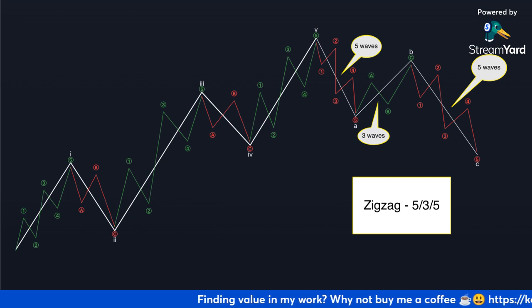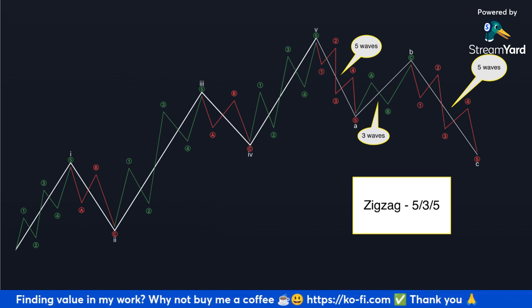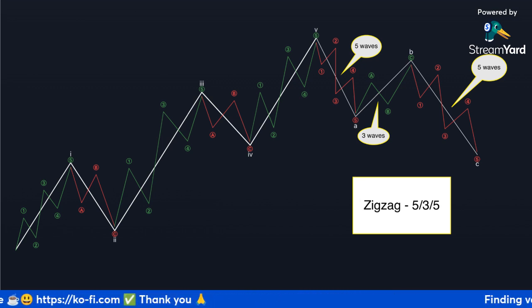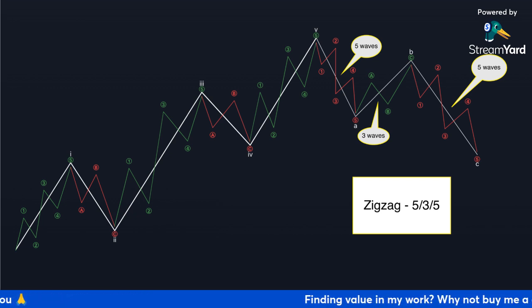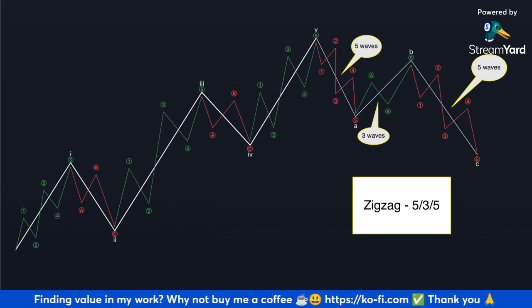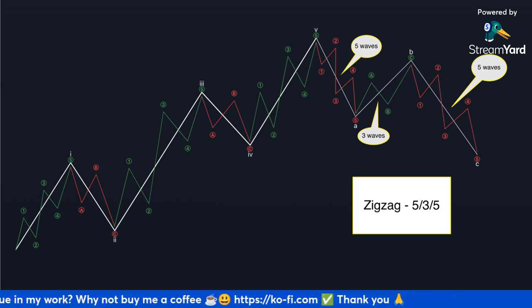Here's the completed 5-wave structure. And then we start looking for, is this correction going to go down in 3 waves or is it going to subdivide in 5 waves? And now, since you've already watched my first video, you're going to understand what a 5-wave move looks like and how it subdivides.